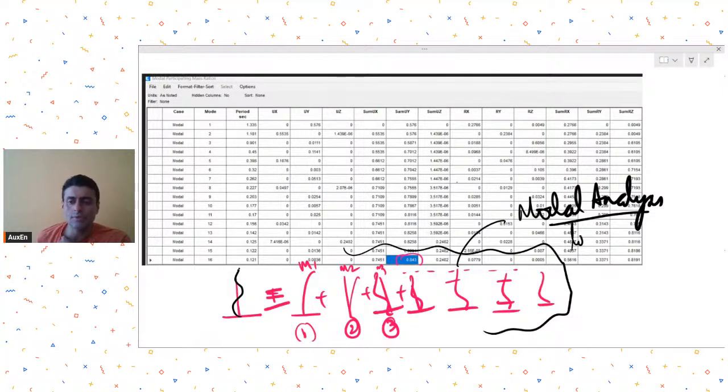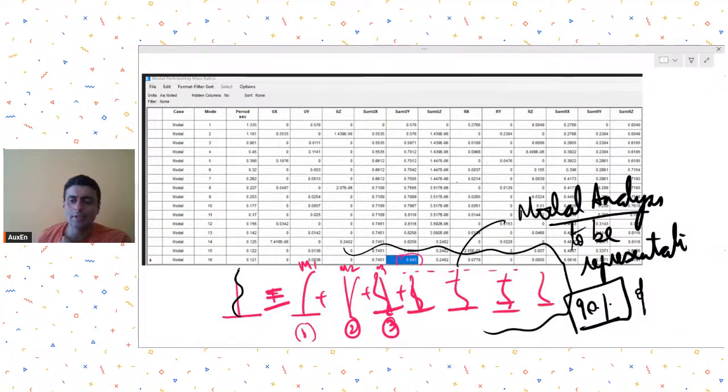So for modal analysis to be representative of the actual response, what your code has decided is that please include the number of modes in such a way that at least 90% of mass is participating.